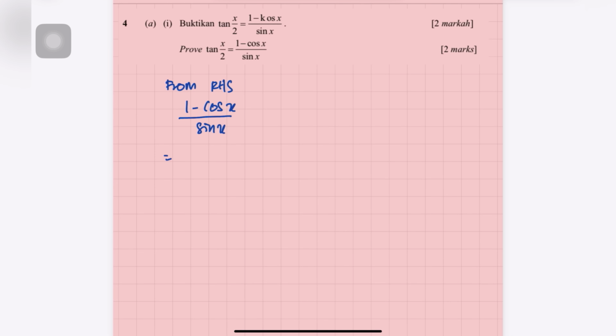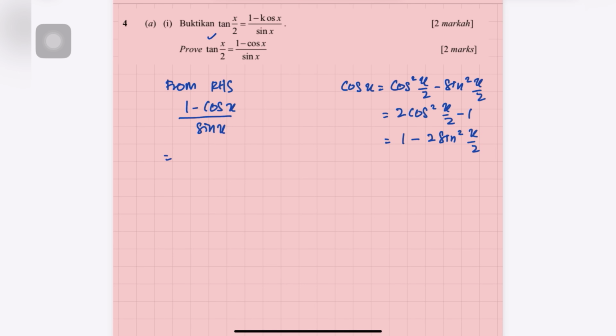Okay, so here we are going to prove using half angle. So we have to use half angle. For cos x, we have a few formulas. So cos x equals cos squared x over 2 minus sin squared x over 2, or 2 cos squared x over 2 minus 1, or 1 minus 2 sin squared x over 2.